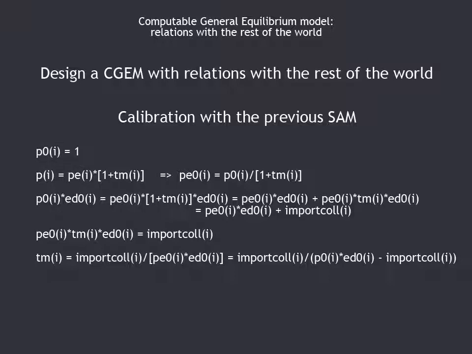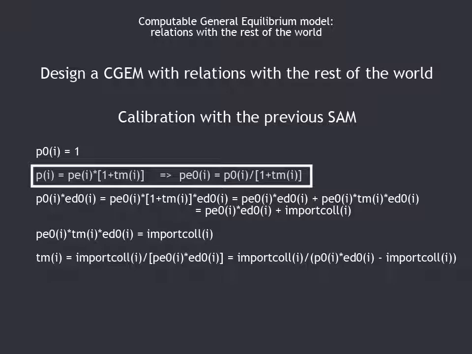But right now, with relations with the rest of the world, we've got a problem because, if you look at the model, we have a relation between consumer price and world price, which is P in sector I is equal to PE in sector I times 1 plus TM in sector I. And so you can use this relation of the model to calibrate PE0 in sector I equal to P0 in sector I over 1 plus Tm in sector I. So once you have normalized P0 to 1, you can calibrate PE0 with P0.